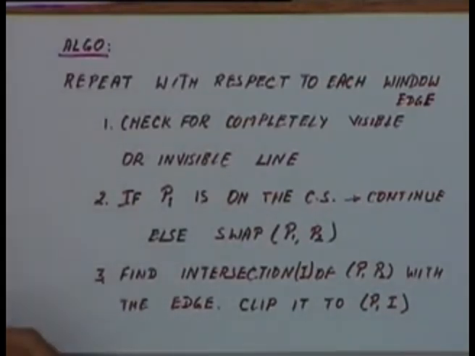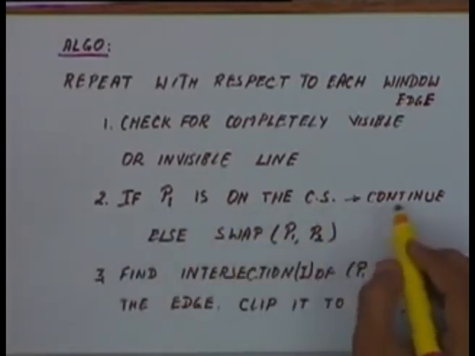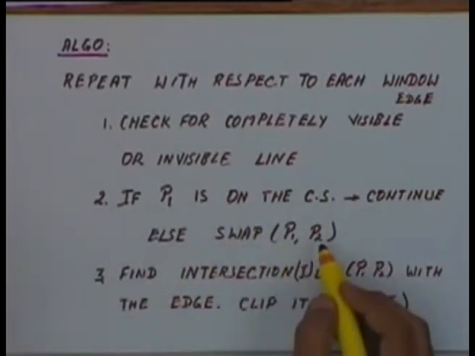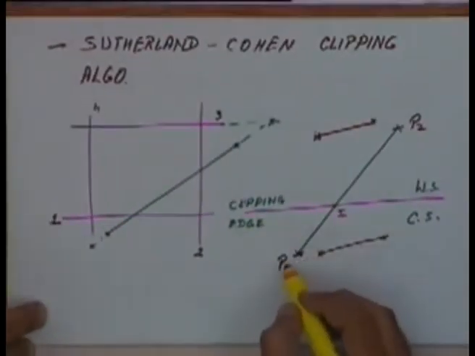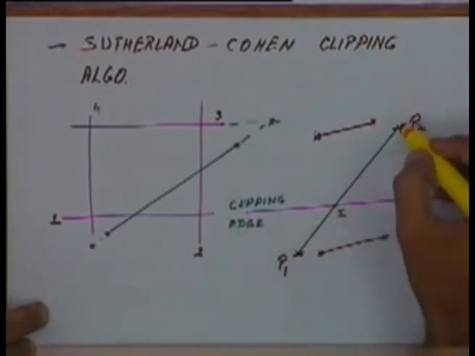What I said is, if P1 is on the correct side, continue, else swap P1 and P2. In this case, P1 is on the correct side, P2 is on the wrong side. There is no problem.